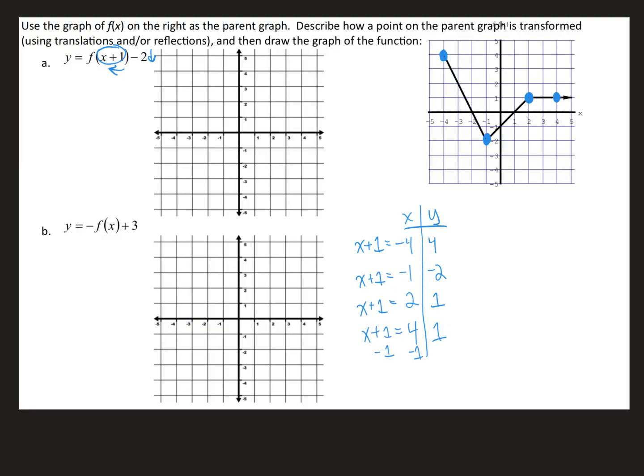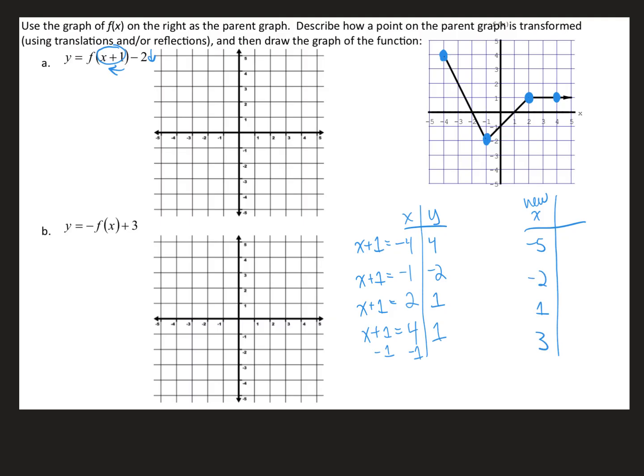We can recognize that all of these are going to be solved by subtracting 1 from the current x values because all of these equations are exactly the same. So they will be solved exactly the same. So we can come through and start out new x's, and we just subtract 1 from all of these old x values. So we end up with -5, -2, 1, and 3.